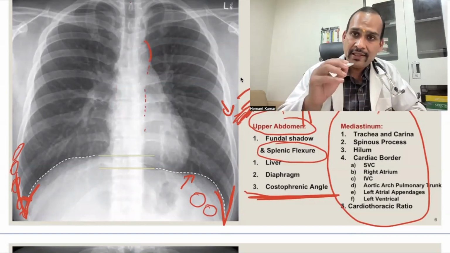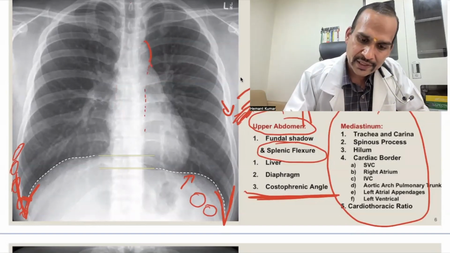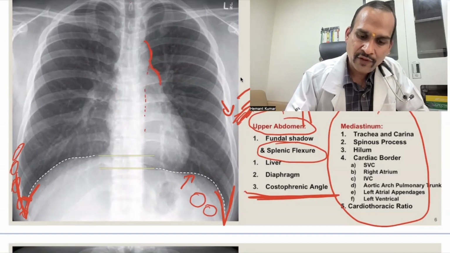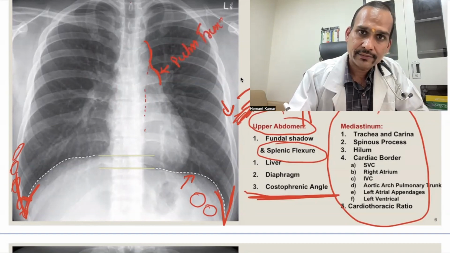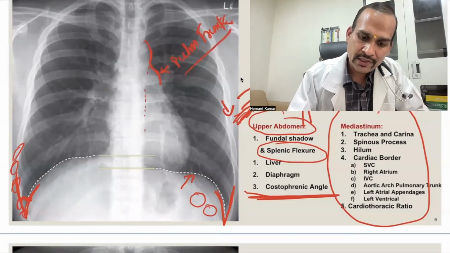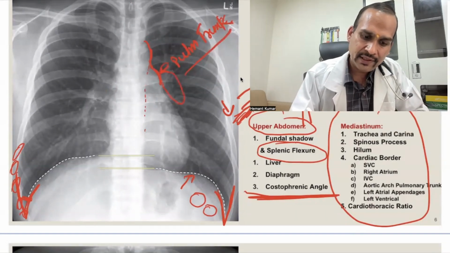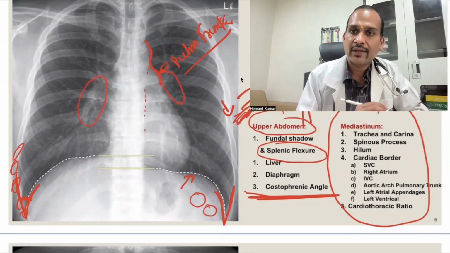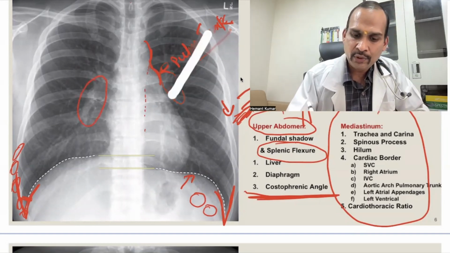Okay. Then there is a slight depression. Again, there is a curvature. What is that? This is the pulmonary trunk. You can see this hilum is mainly pulmonary vessels.